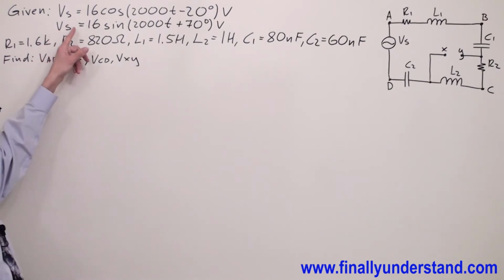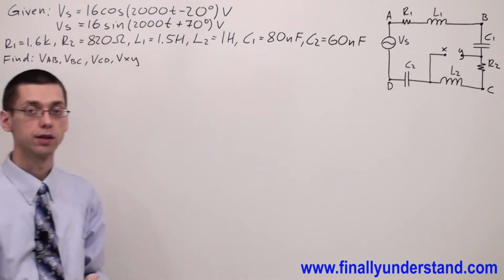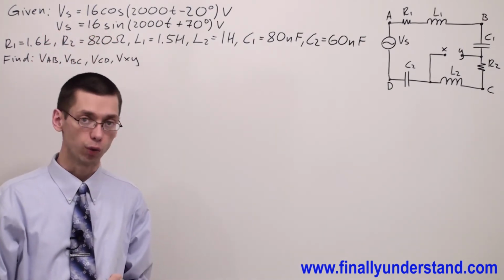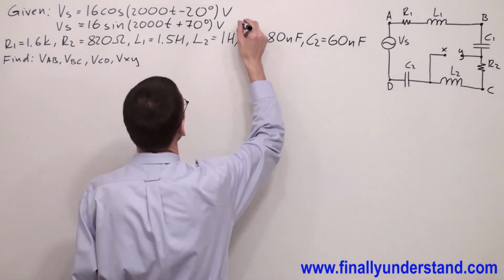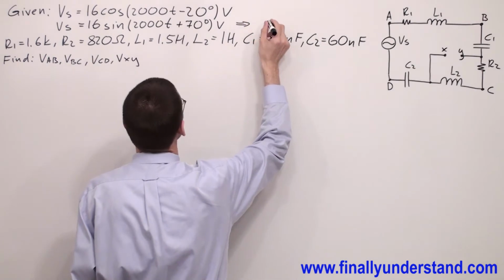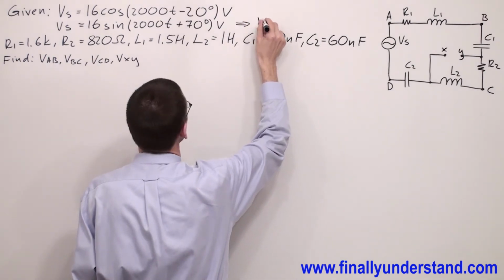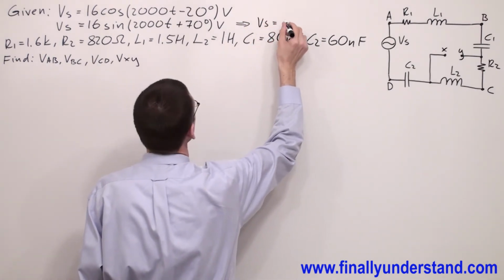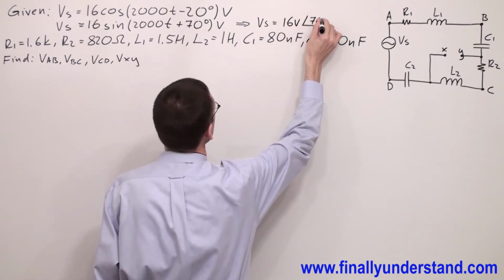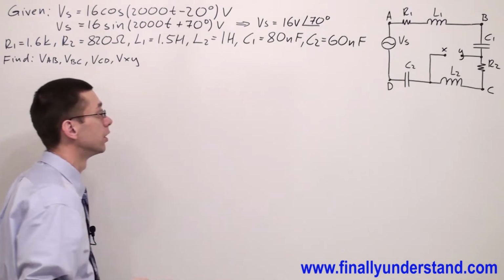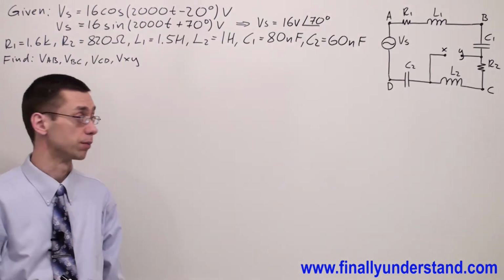Next we're supposed to convert the sinusoidal equation to the phasor equation, and this is equal to voltage source equals 16 volts and angle of 70 degrees. We are going to use the polar form.